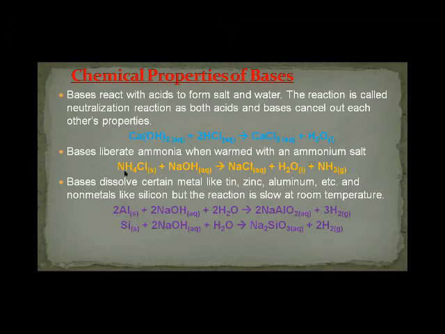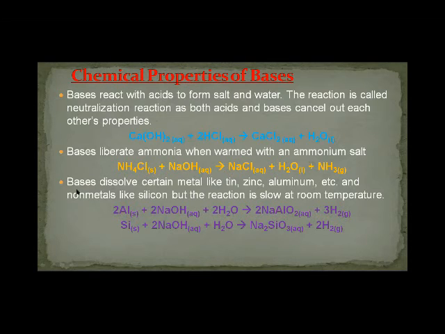Ammonium chloride is an ammonium salt, and NaOH is a base, sodium hydroxide, reacting together. It will form sodium chloride salt, water, and ammonia gas. So 1 mole of ammonium chloride reacting with 1 mole of sodium hydroxide will form 1 mole of NaCl, 1 mole of water, and 1 mole of ammonia.